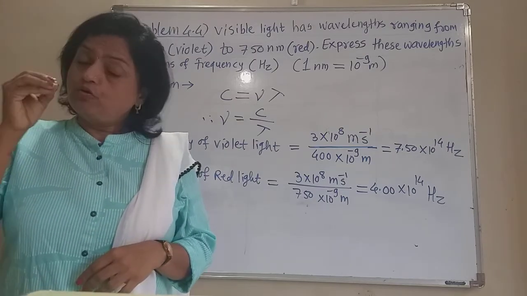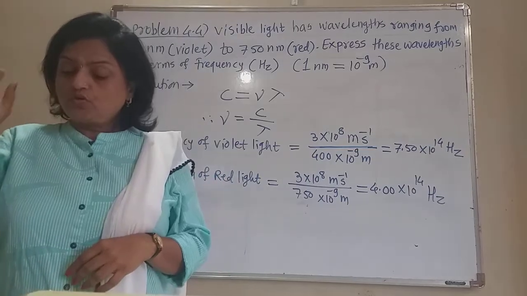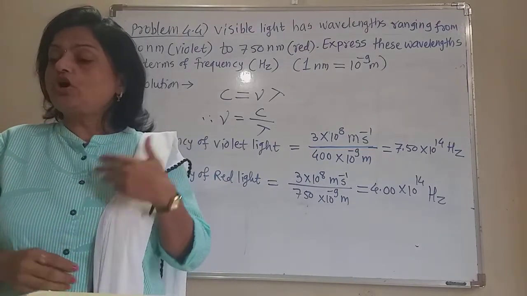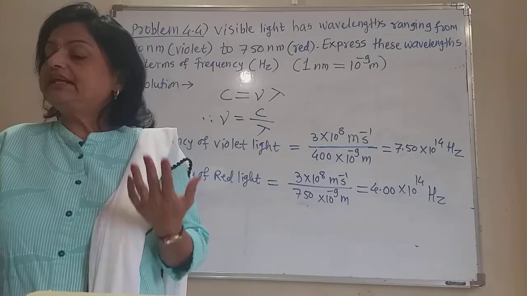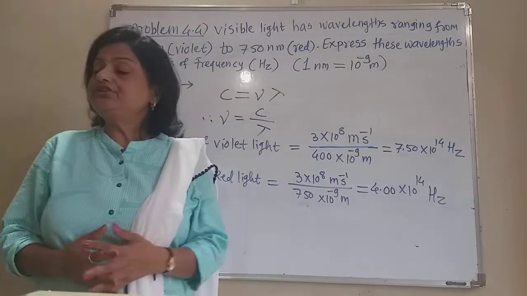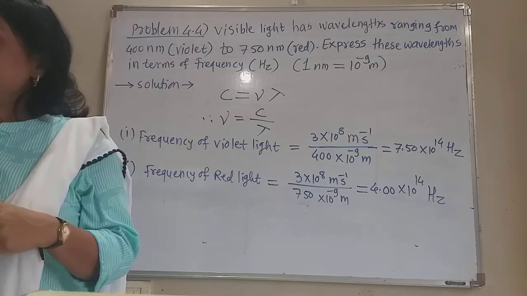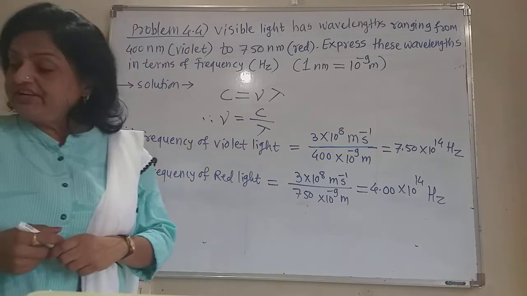Photons are the smallest quantity of energy of light which is absorbed or emitted, and the relation between the energy and this radiation is given by an equation.